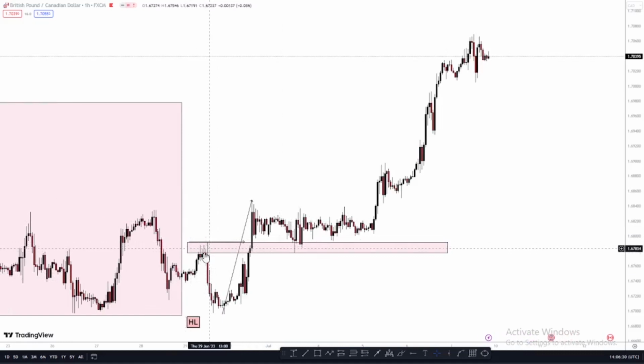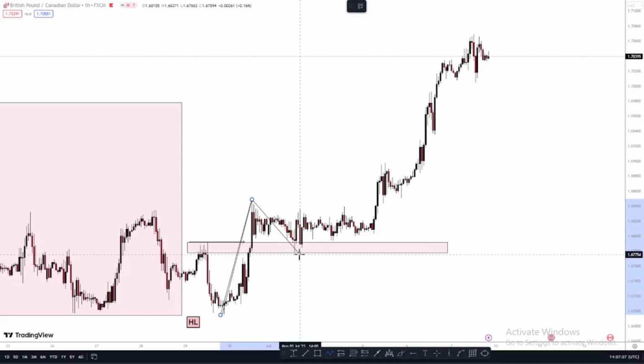So when price broke above it, what did price do next? It came back to retest it as a support.